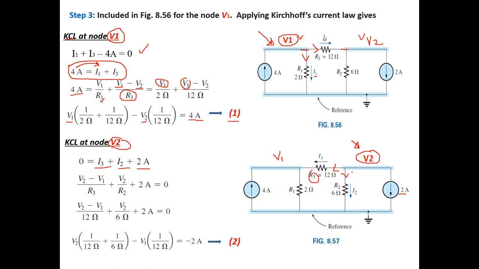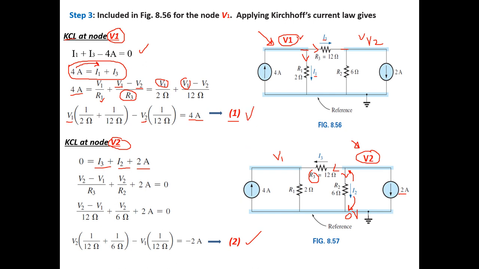Again, this is I2 from here to here. I need to know the voltage across its terminals, which is V2 minus 0 volt, because we know this is 0 volt down here. So it will be V2 plus 2 ampere. Just put in your numbers and create your equations.